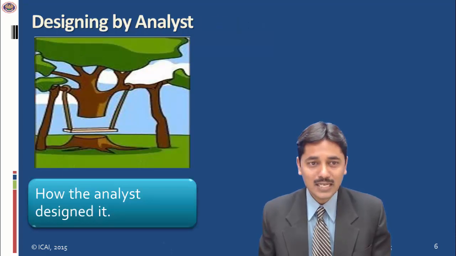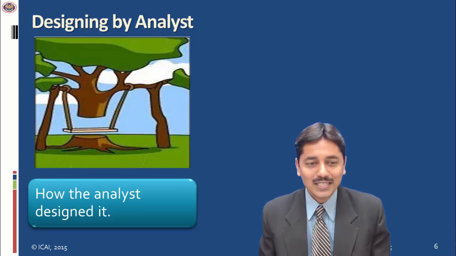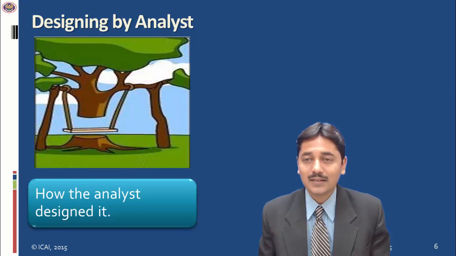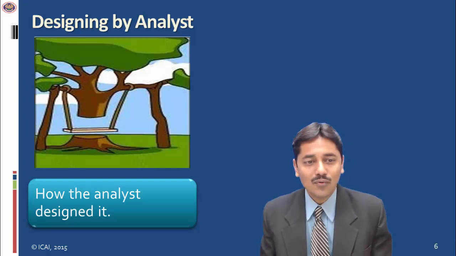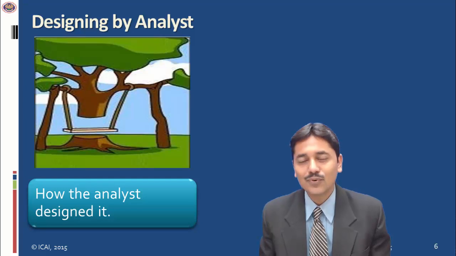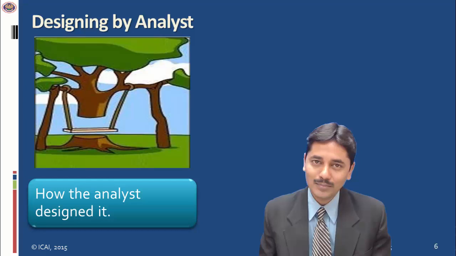When it comes to design, the analyst designs it like this: there is a tree, there are 2 ropes, there is a platform. But ultimately he failed to understand that the platform needs to be a swinging platform. So he gave support from 2 opposite sides, and made that platform swing.